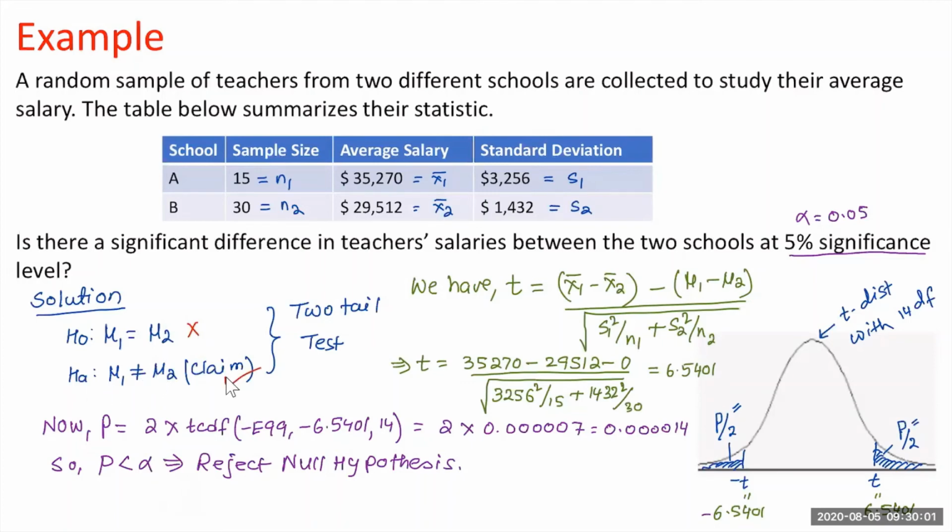And alternate hypothesis has the claim. So is there a significant difference in teacher salary between two schools? The answer is yes. So there is enough evidence to support the claim at 5% significance level. So we can write that conclusion.